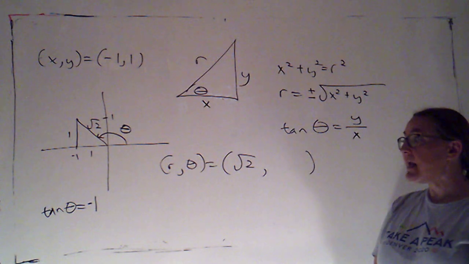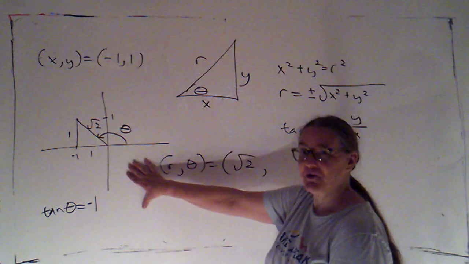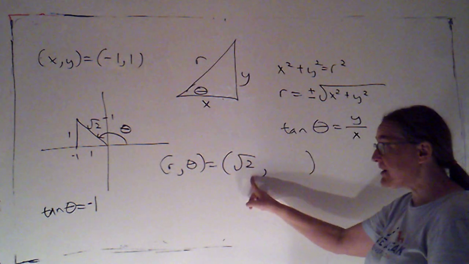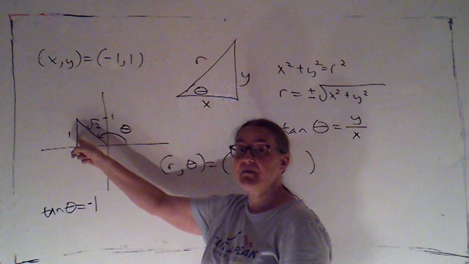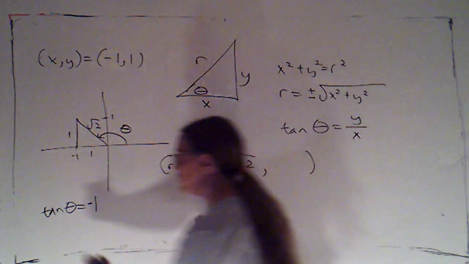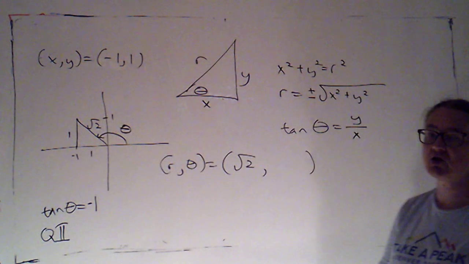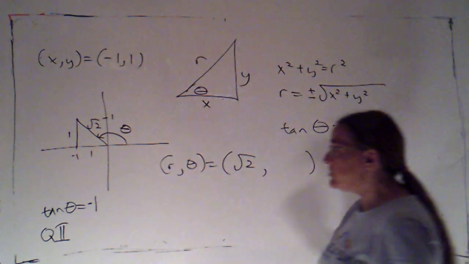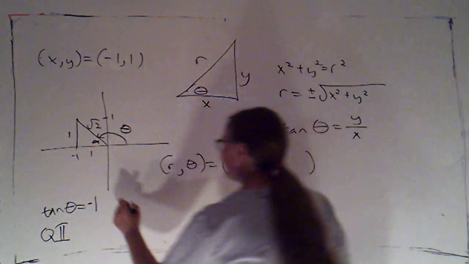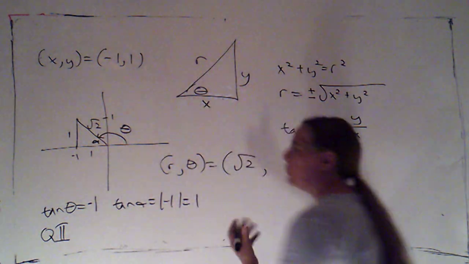But I can't take arctan of negative 1 because that would give me an angle in quadrant 4. And by choosing r to be positive, I've committed to choosing theta to be an angle that lands in quadrant 2. So this needs to be true, but this also needs to be true, that I've got to be in quadrant 2. What I can do is figure out alpha, our reference angle. Tangent of alpha would be the absolute value of negative 1, which is 1.